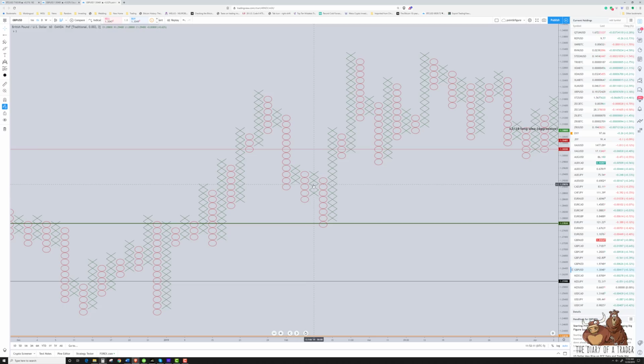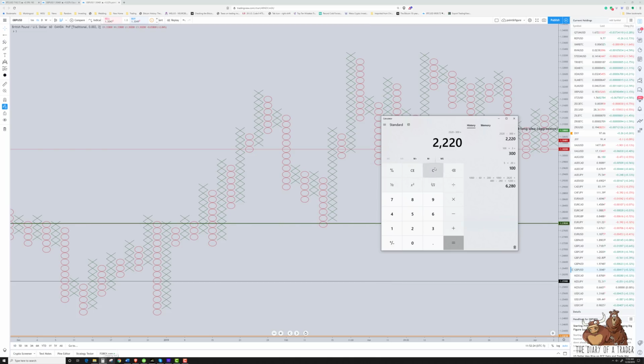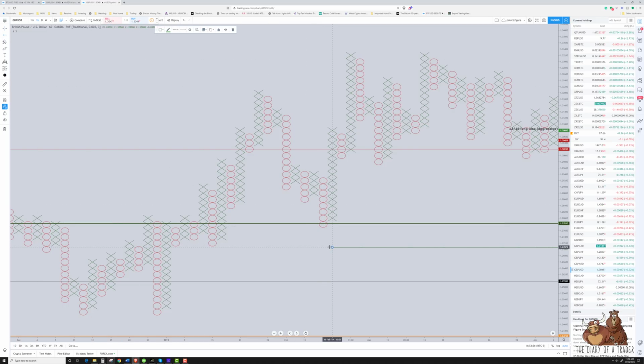Multiply that by 3, that's 240. And then what I do there is I add 240 to the lowest O right here. So I'm going to add 240 to the low of this O column, which is at 127.80. And that brings me to 130.20. That would be my target.